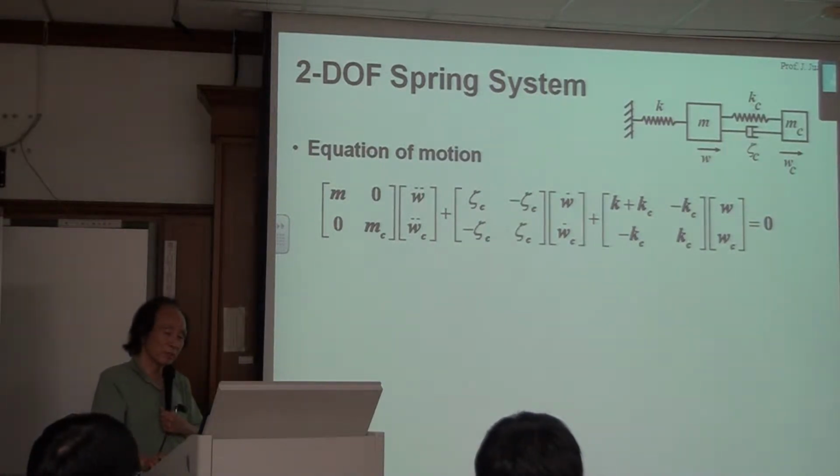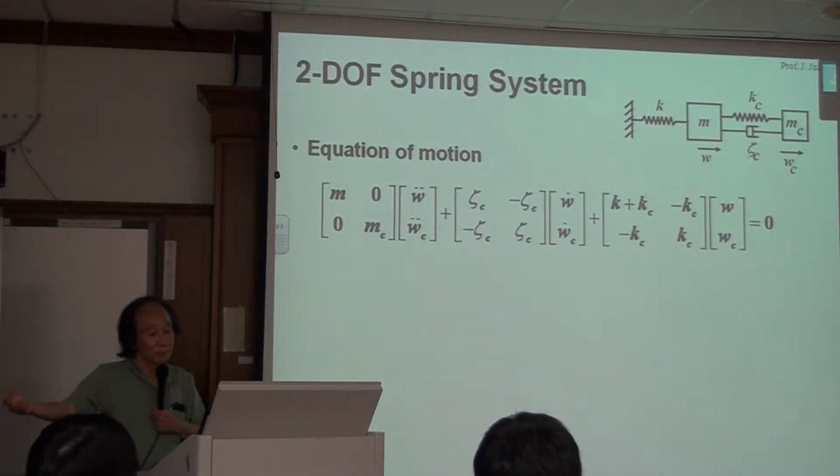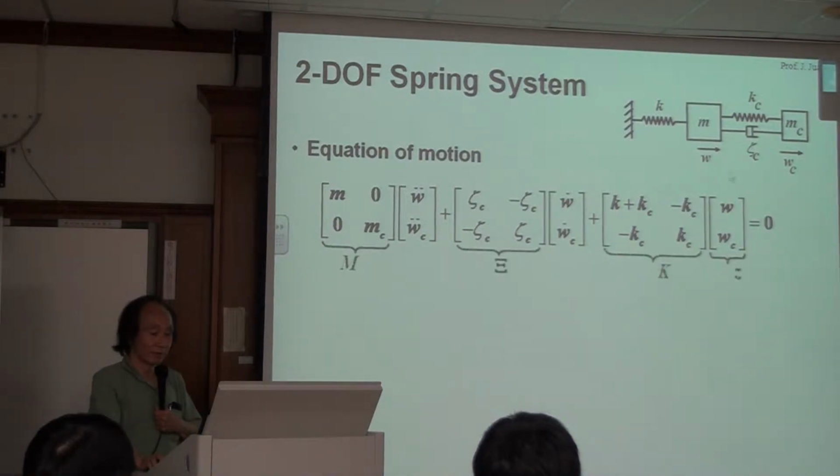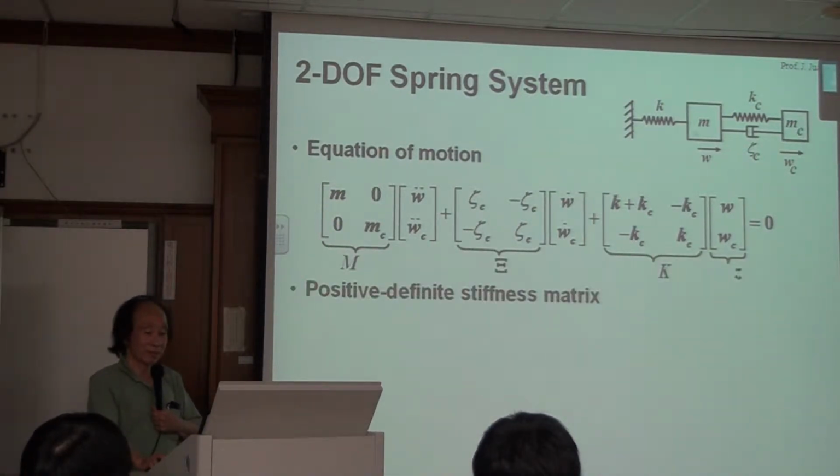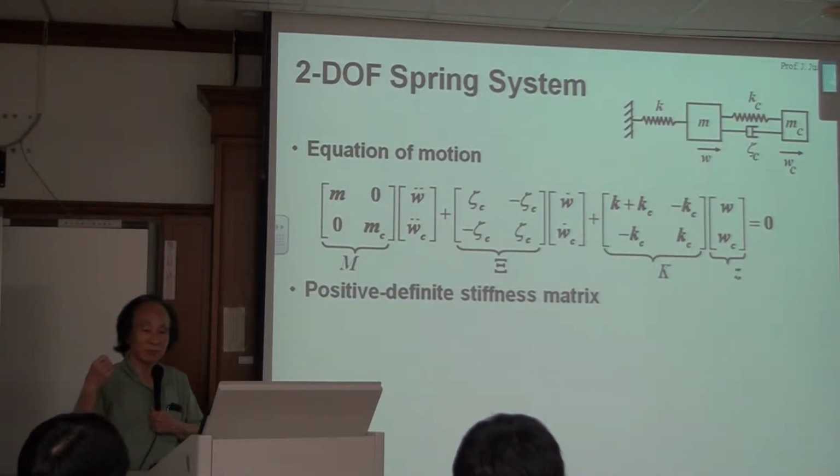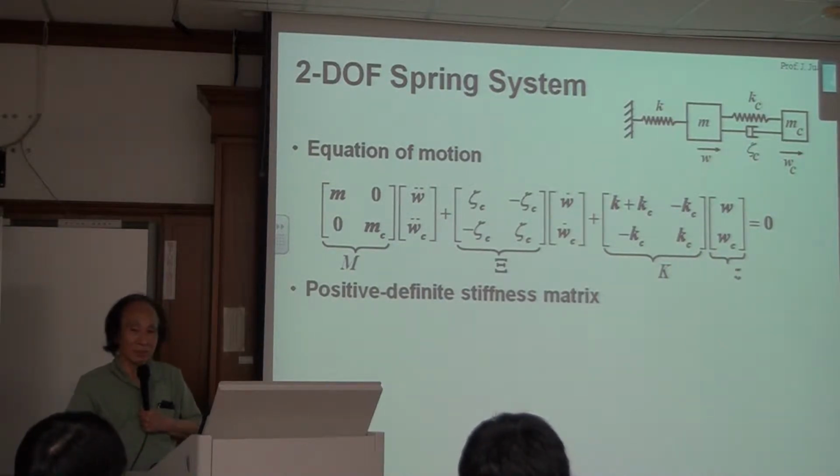If I have a displacement feedback and a velocity feedback, this is like a TMD, and it works like a TMD, even though you are doing a feedback. If I have ZC, that's from my velocity feedback. I have a KC from my displacement feedback.